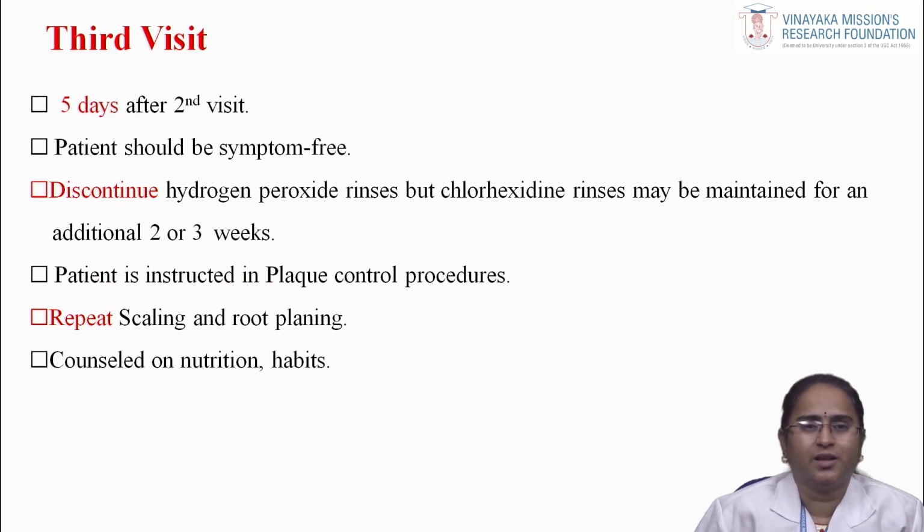The third visit is usually appointed after 5 days, and the patient at this stage will be asymptomatic. Hydrogen peroxide rinses should be discontinued, but chlorhexidine rinses should be continued. The patient is instructed on plaque control procedures and counseled on nutrition.